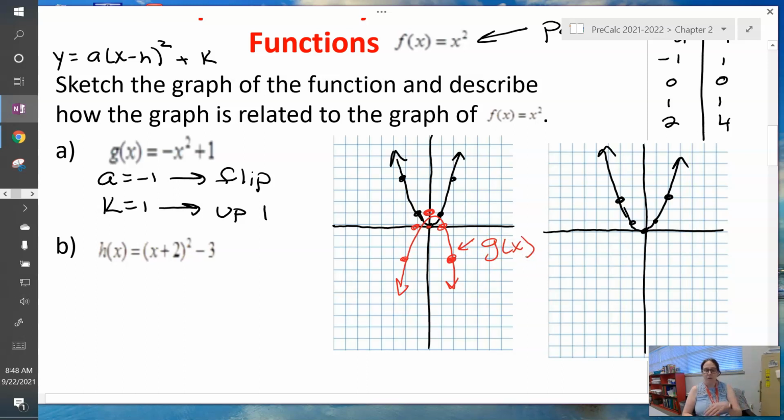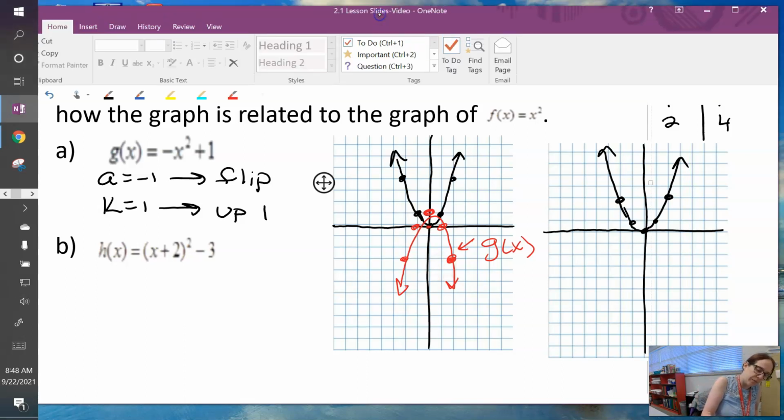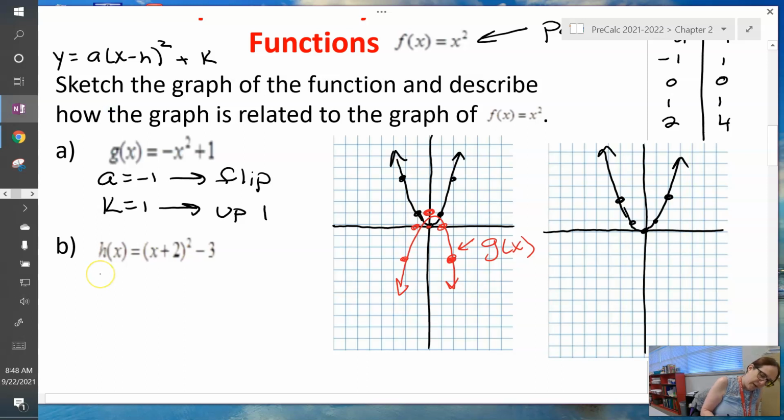All right, on our other grid, we're going to graph h of x. And that one is (x plus 2)² minus 3. So a here equals 1. So that makes no change. H equals, it's a 2 inside the equation.